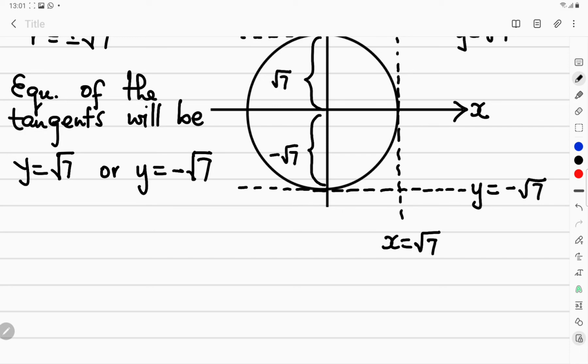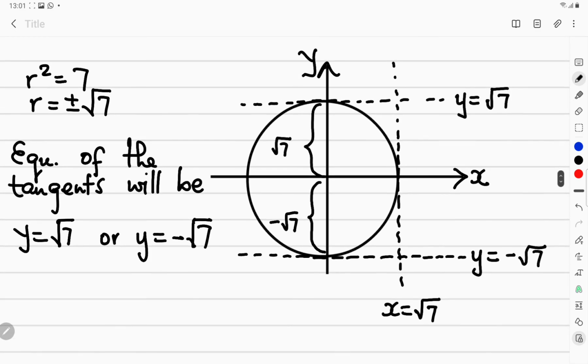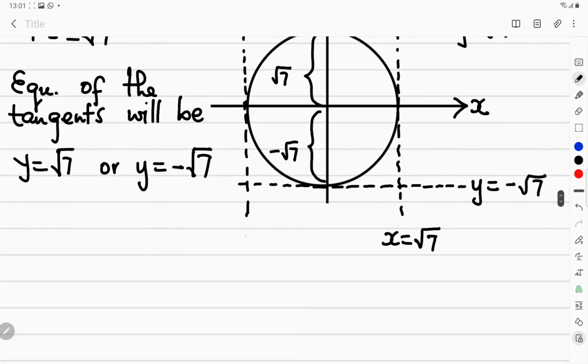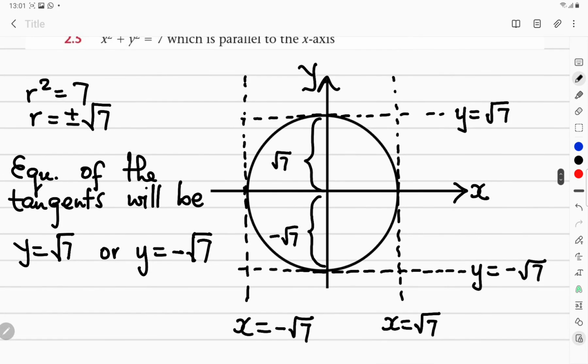That's the equation which is parallel to the y-axis. And here, parallel to the y-axis, is x equals negative square root 7. So I gave you the equations which are parallel to the x-axis, and I also gave you the equations parallel to the y-axis. I believe you guys will follow this nicely.